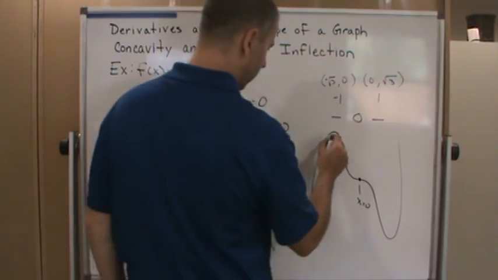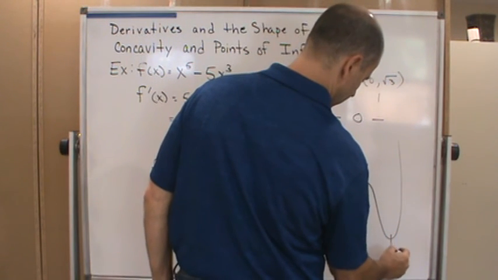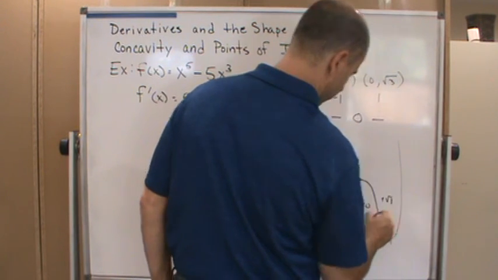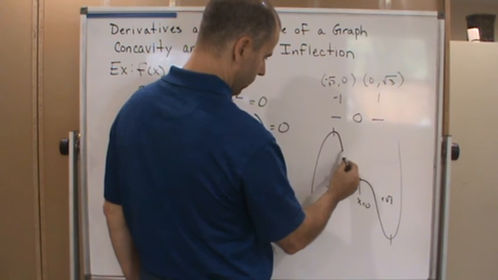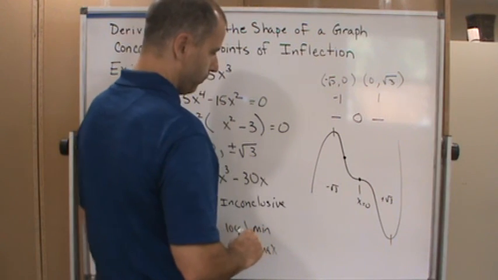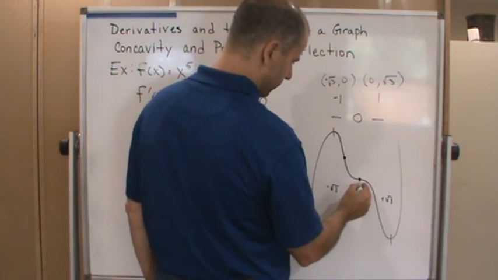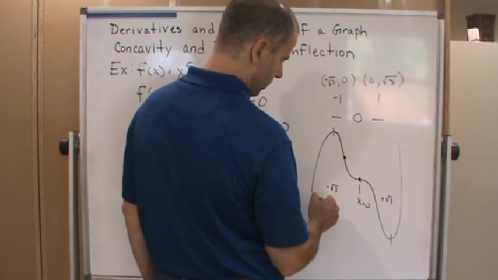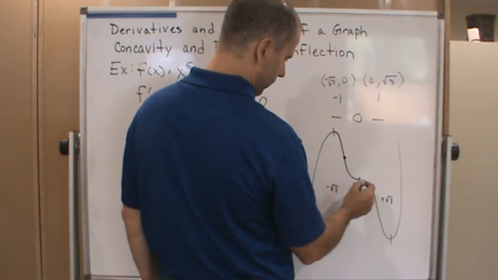And then here would be negative square root of 3, and here would be positive square root of 3. So you can see that it's concave down all the way until you get to this inflection point here, and then it turns concave up, and then it changes back to concave down here.